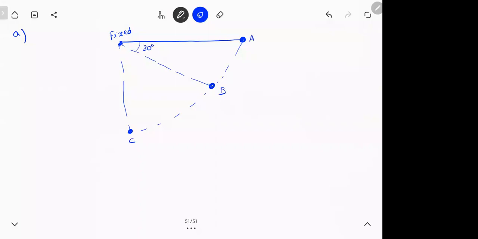Get the first one. So this was 30. So this was A, B, and C. So A is our state 1. So I'll choose this as my reference line. You can choose any line as a reference. There is no restriction. I'm just taking the top one as a reference line.